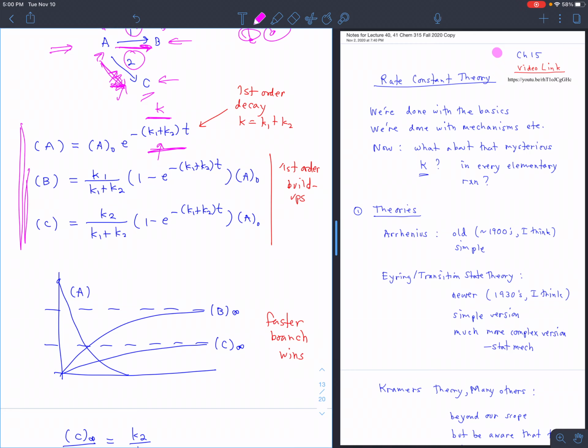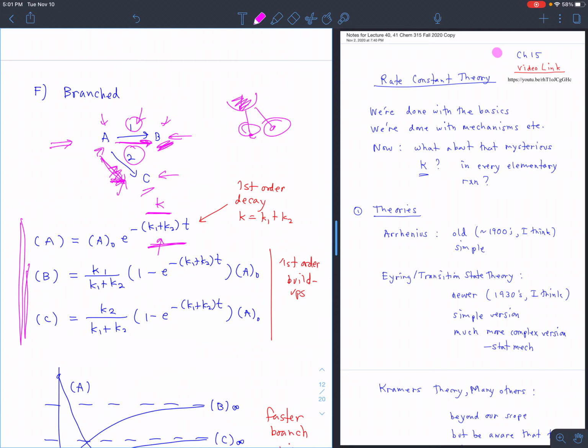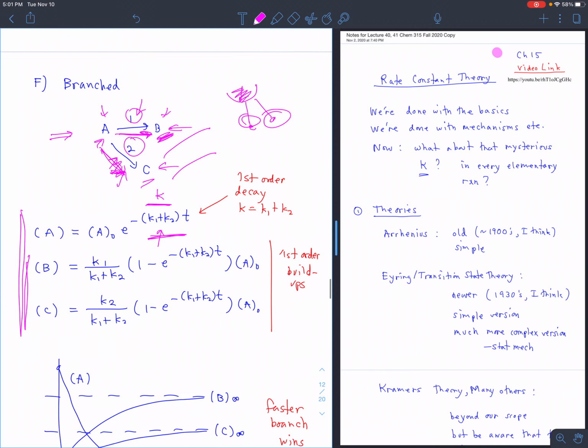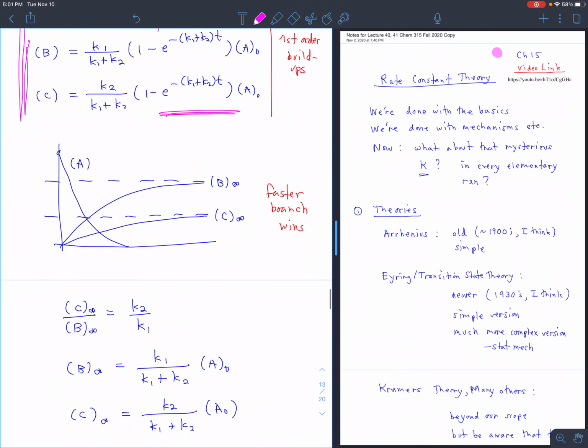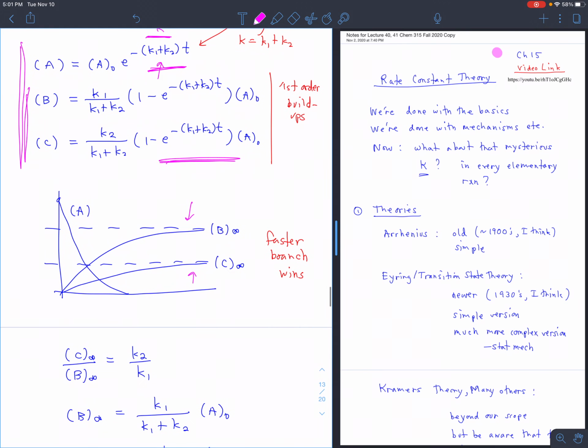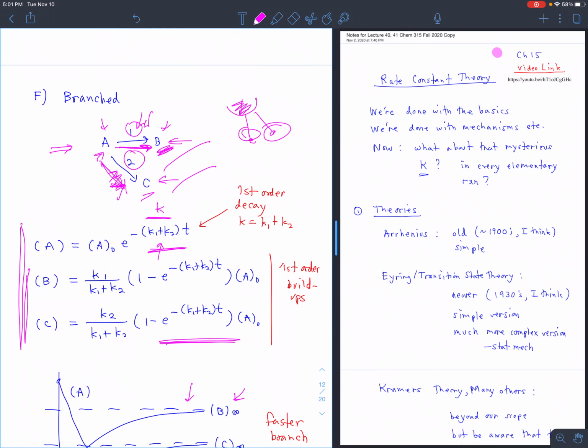And then for the other two, once B is created, it can't go back. And so things just build up on B, things just build up on C. And so these are two simple first order buildup curves. Here they are down here, plotted. And the only difference is that they arrive ultimately at different amounts of stuff, depending on which of the two branches has the faster rate constant.